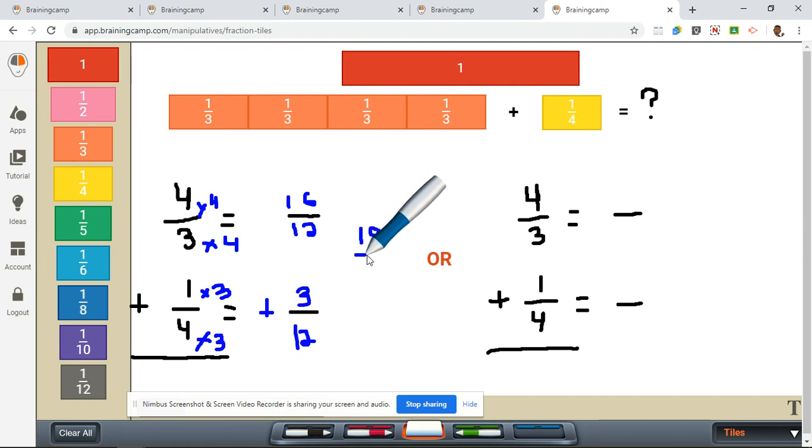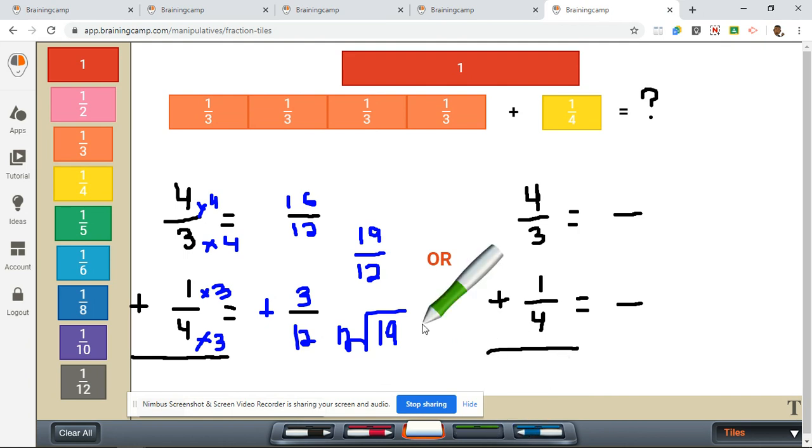Now, you must remember how to change that. You have to convert it to make it proper, because right now it's improper. So you're going to do 19 divided by 12. Okay, let me change my marker here. What times 12 can give you 19? The answer, of course, is 1. And then you remember your steps. You divide, and you multiply that.